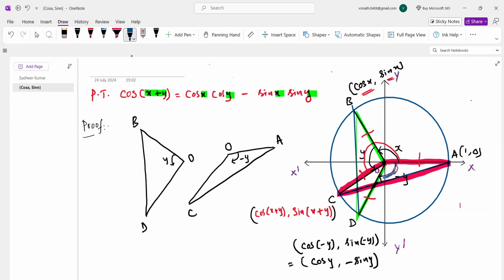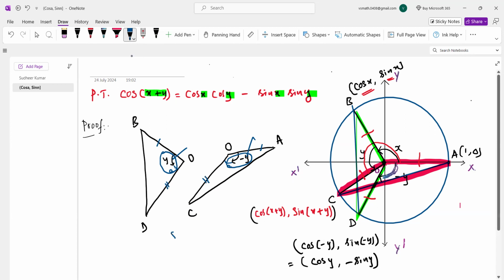Now, if we add the angle x, the sum of these angles is y plus x. This angle also is y plus x units. That means these two angles are equal. Already we know that these sides are equal, since they are radii of the circle.